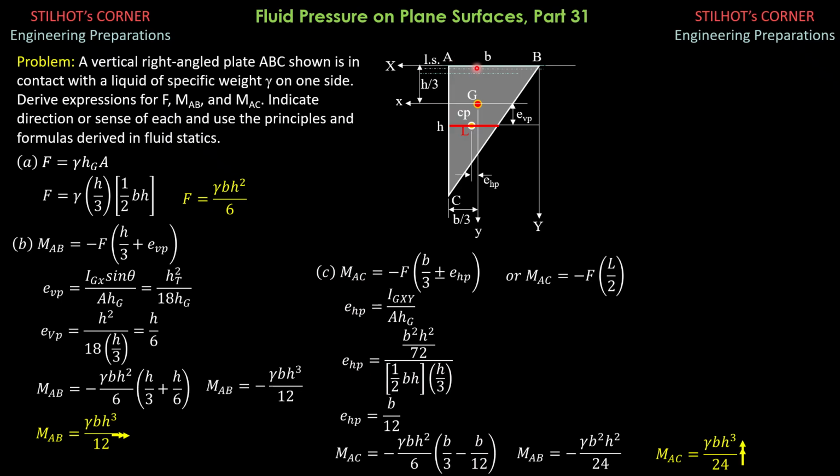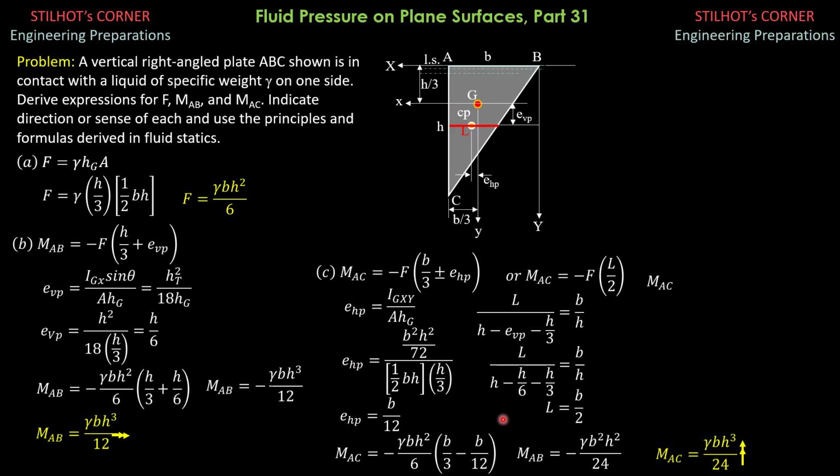Then equals B as to H. So by similar triangles, L as to supposedly 2/3 minus EVP, or H minus H over 3 minus EVP, that's the same, equals B as to H. So L as to H minus EVP, which is H over 6, then minus H over 2 equals B over H. So that means L is B over 2.